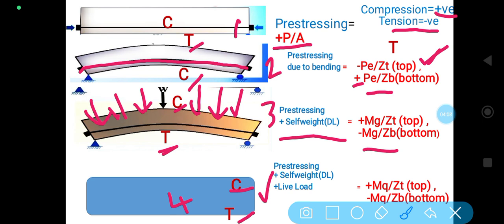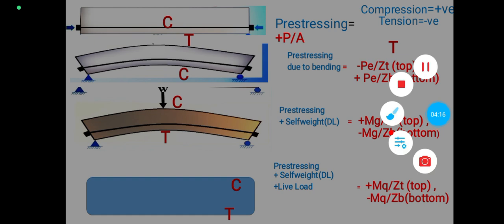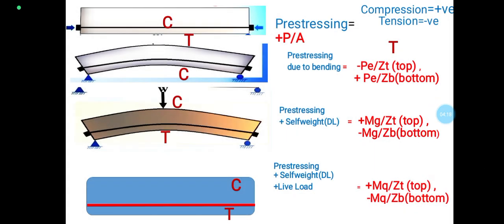Similarly, when it is subjected to the additional live load, as in case 4, we can notice in this beam the pink color, which is the tendon.